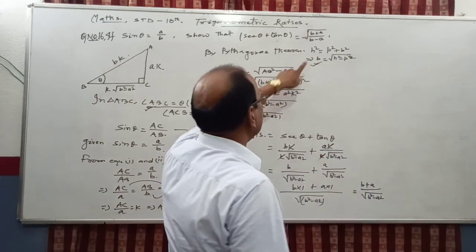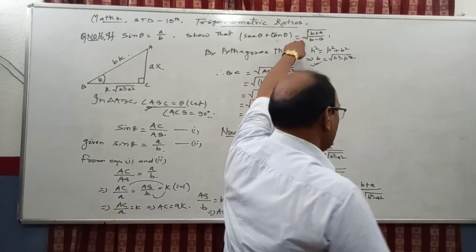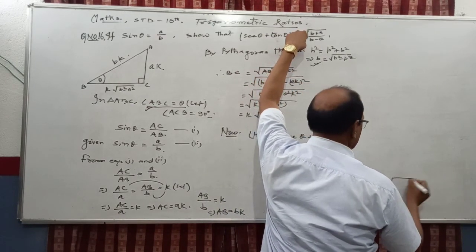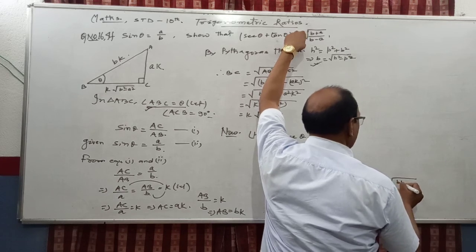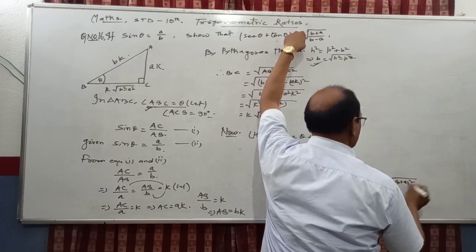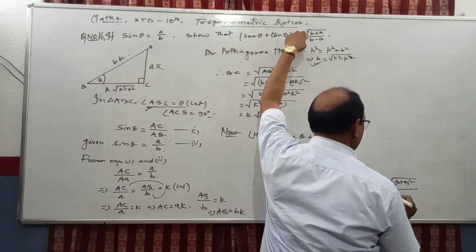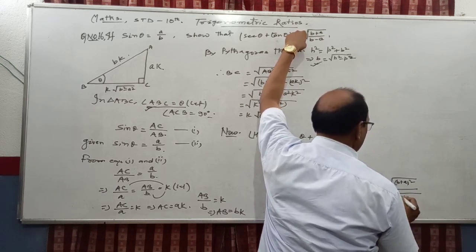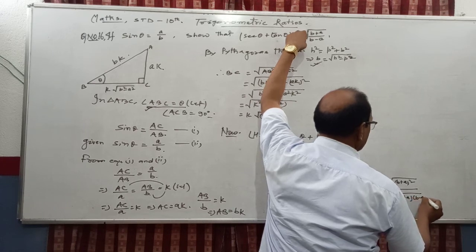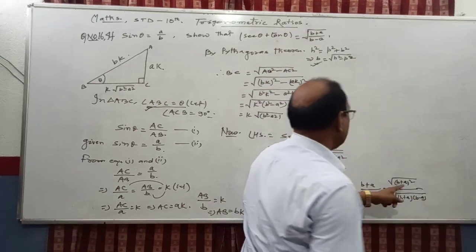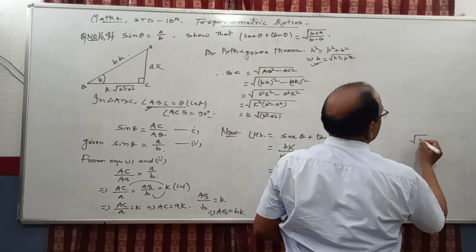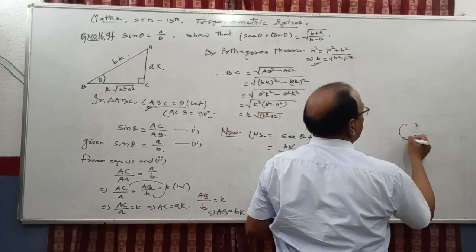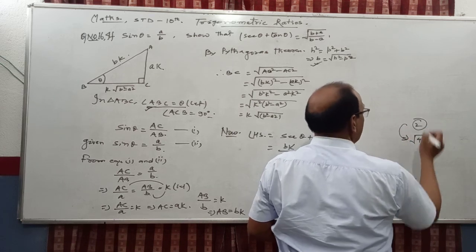So students, we have to get this one. It may be written as B plus A to the whole square, and we may write B plus A into B minus A. Why is it so? If 2 is there, we may write 4, and 2 may be written as 2.